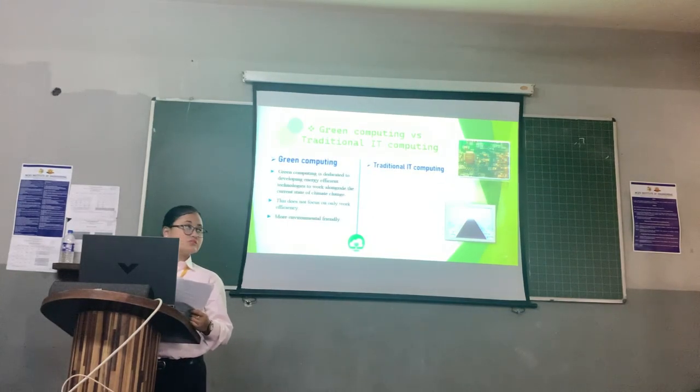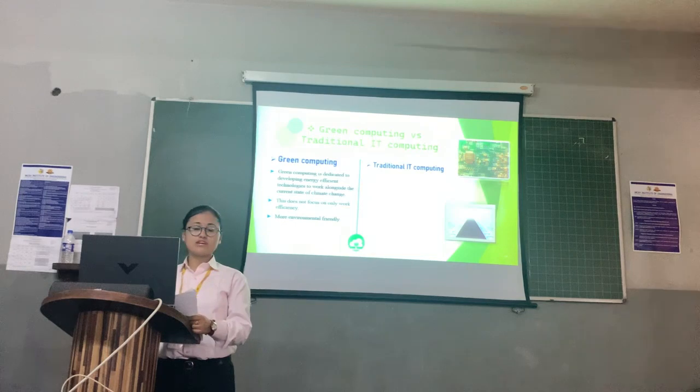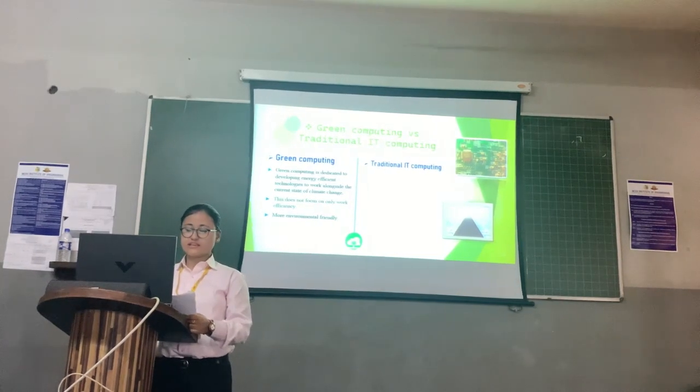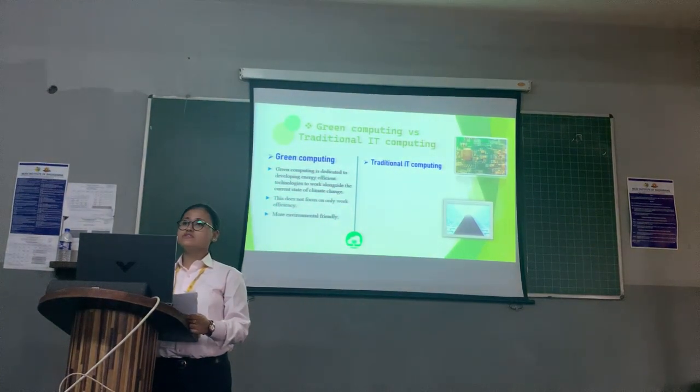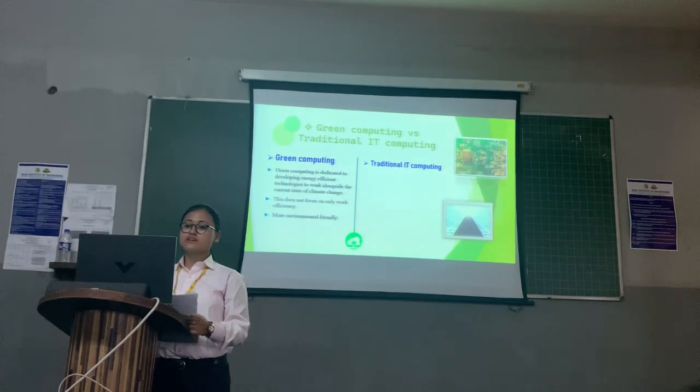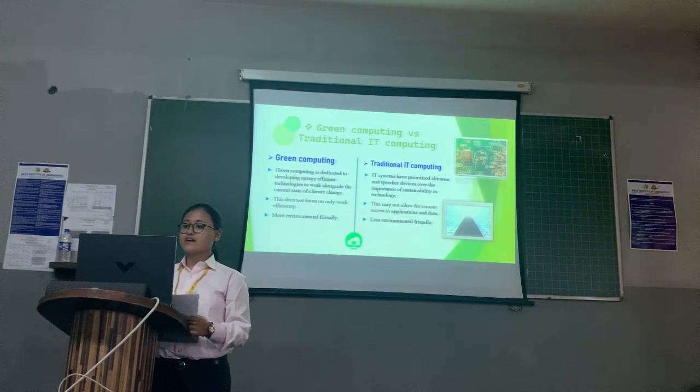Green computing, as you can see, is dedicated to developing energy-efficient technologies to work alongside the current state of climate change. Whereas in traditional computing, IT systems have prioritized slimmer and speedier devices over the importance of sustainability in technology.